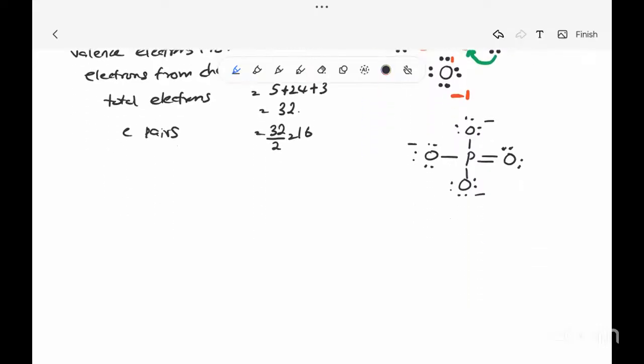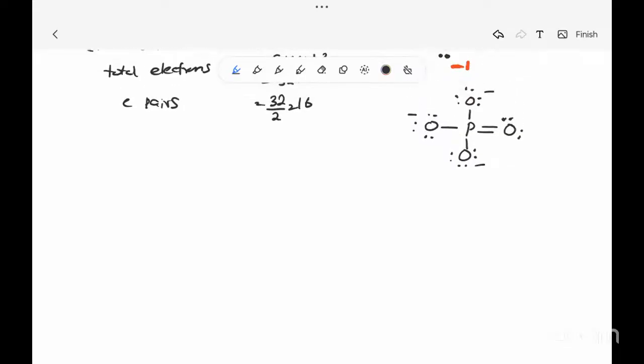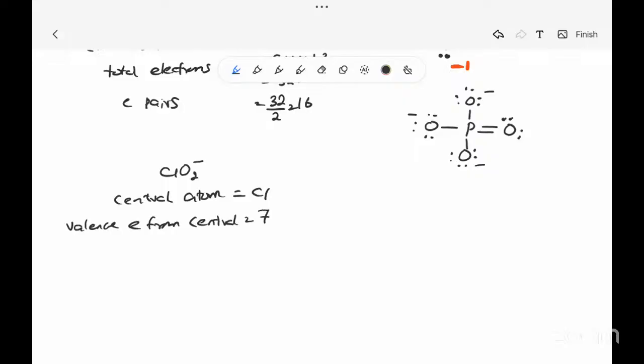Then the next one, we'll go to the next one. ClO2 minus ions. So we can say the central atom is chlorine. Valence electrons from the central atom: chlorine gives out 7.